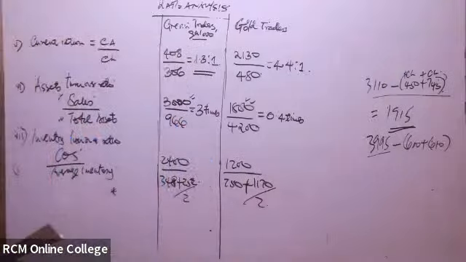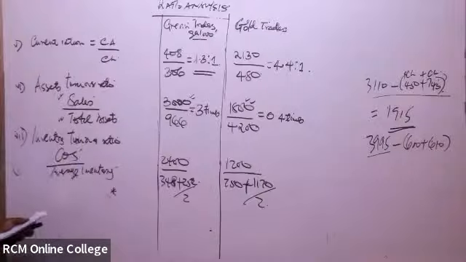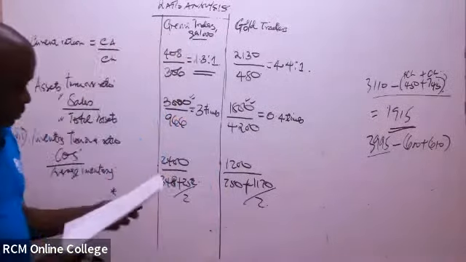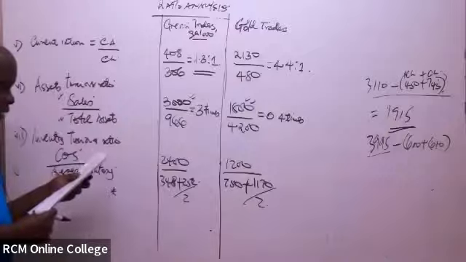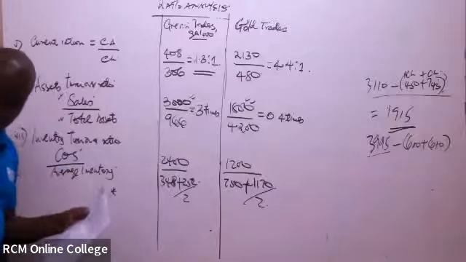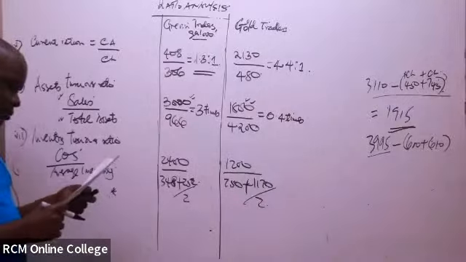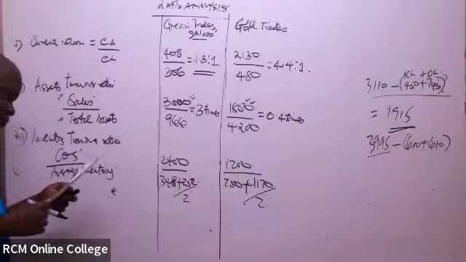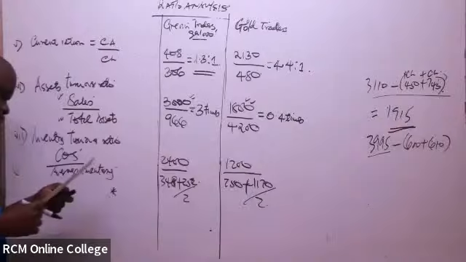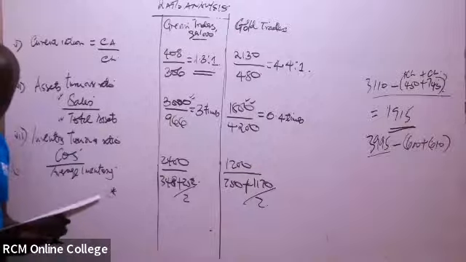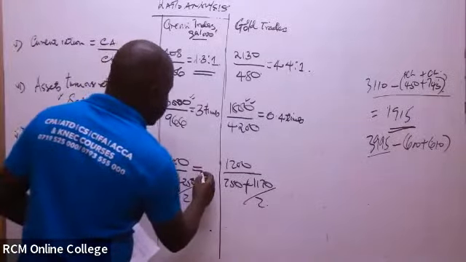So how many times is your inventory turning? The inventory turnover ratio. For Green Traders you are saying 8, so this one is 8.